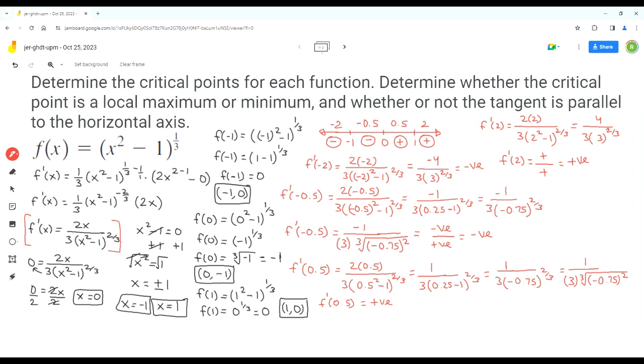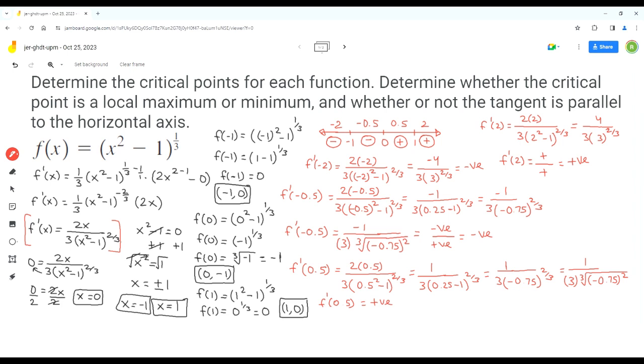Now as you may know, a critical point is a local maximum when the function changes from increasing to decreasing, and the critical point is a local minimum when the function changes from decreasing to increasing at that critical point. Now in this case, the sign of prime of f is only changing at the critical number x equals 0.